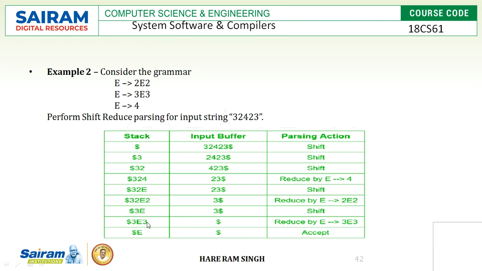Again 3 will shift here, shift 3. So 3E3 can be reduced to E. So reduce E generates 3E3. So again at the end in the stack, the starting symbol which is E is left and the input buffer is empty. So this is accepted.